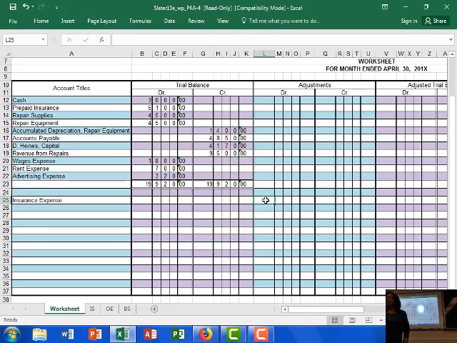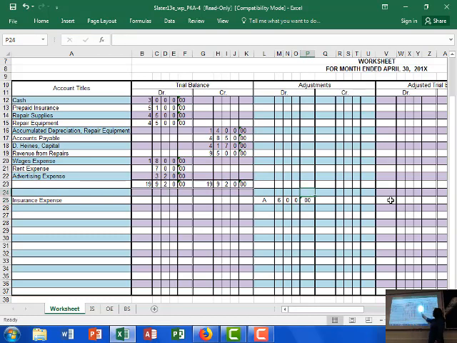So the first thing that we're going to see is expired. That means that we used it for $600. So we're going to do what? Debit first. Always debit, then credit. Debit how much? $600 on your adjustments.